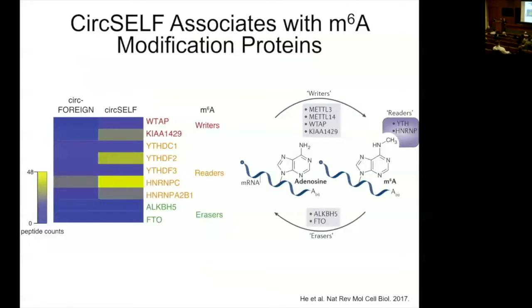And so here's the actual catalytic cycle of the RNA modification. So given that potentially m6A is a molecular marker for self-circular RNAs compared to non-self-circular RNAs, we wondered maybe there's a differential modification of these different circular RNAs.